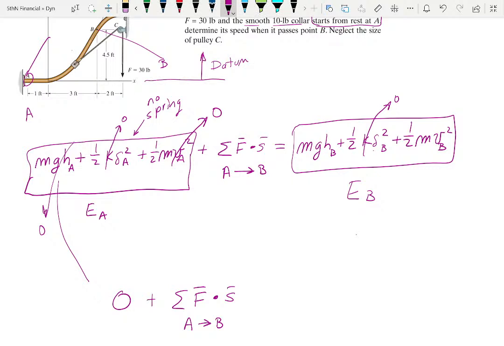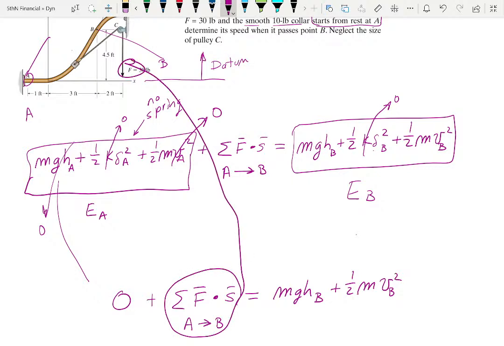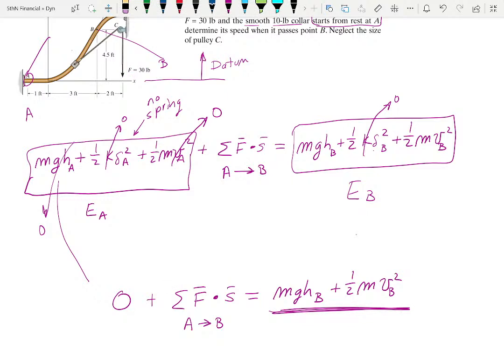I don't really know. And then I got to find the MGH at B, and then the 1/2 MVB squared. So all I've got here is the energy imparted by this rope here, this 30 pound, is going to be responsible for creating the energy that's associated with those two terms. So now I need to deal with all that.